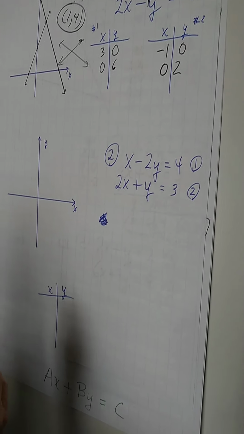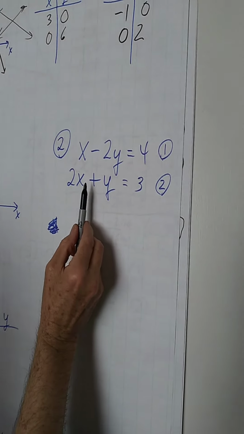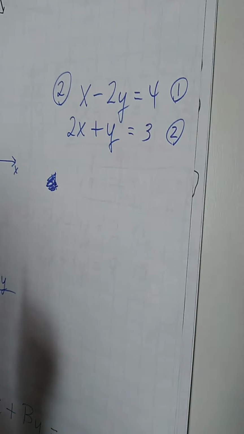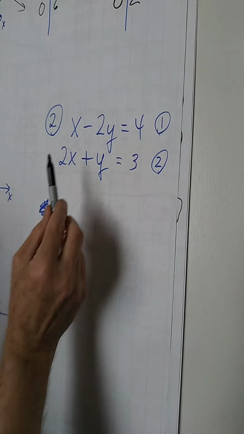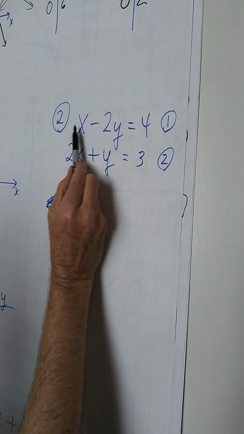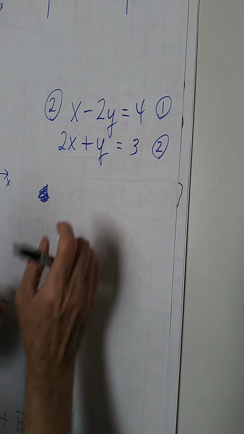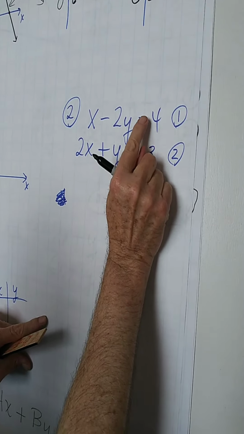Number two, here's the system. Notice standard form. Let's take a look at equation number one, and let's see what our intercepts are going to look like. Just do a little test.